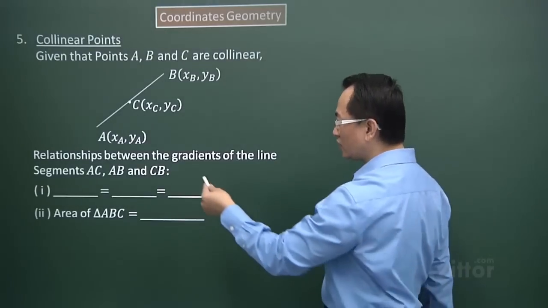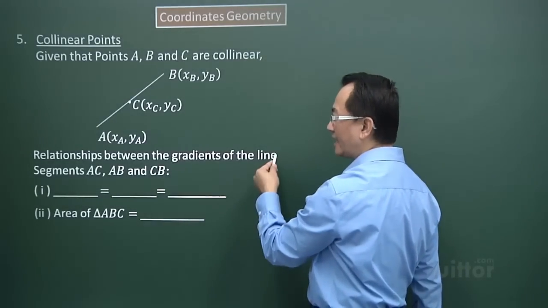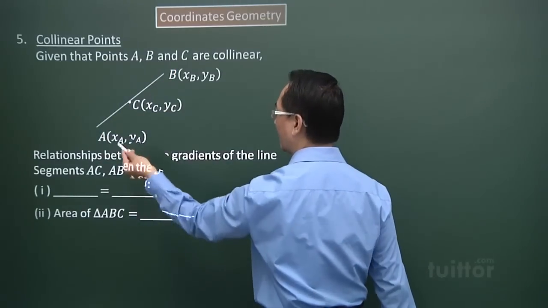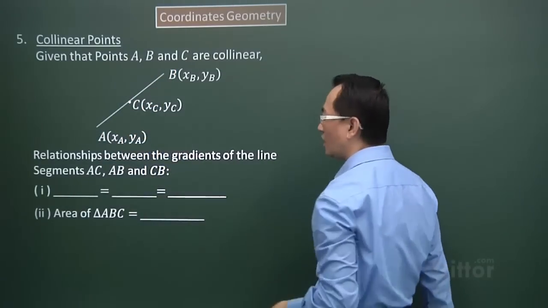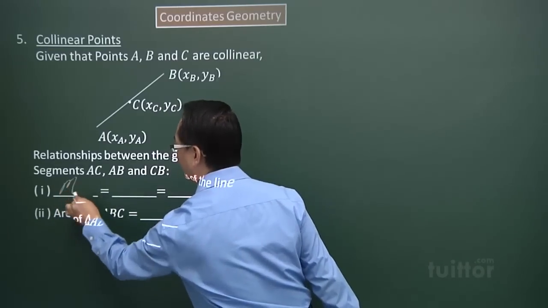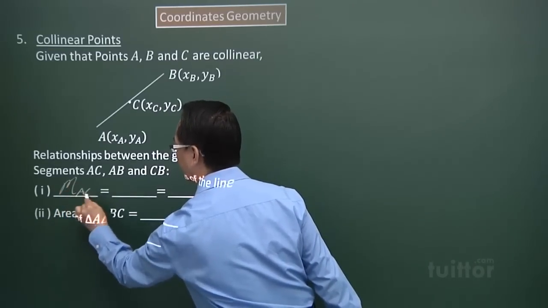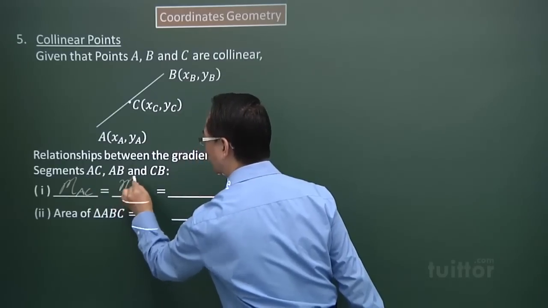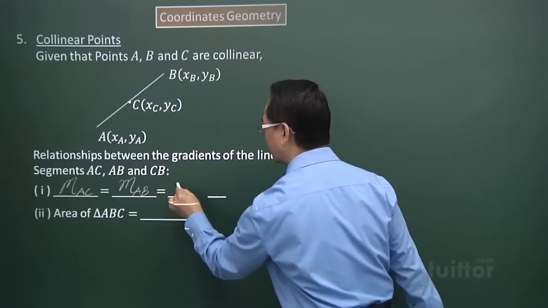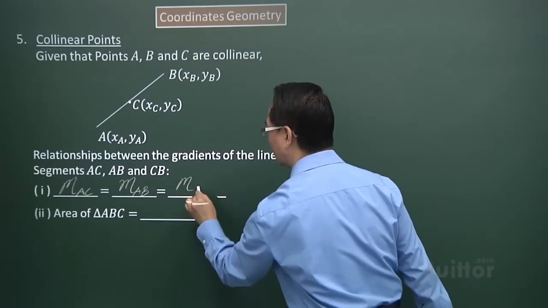The relationship between the gradients of the line segments AC, AB, and CB would be, for part 1, the gradient of AC is the same as the gradient of AB, is the same as the gradient of CB.